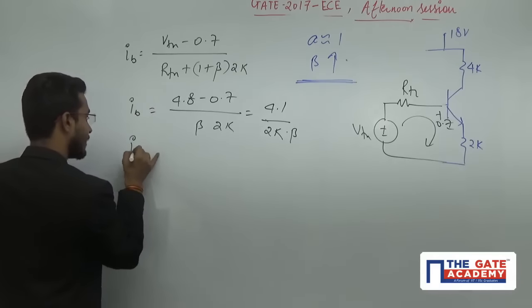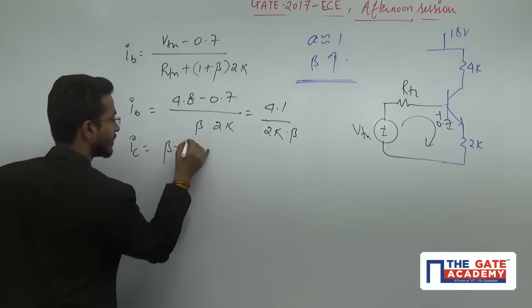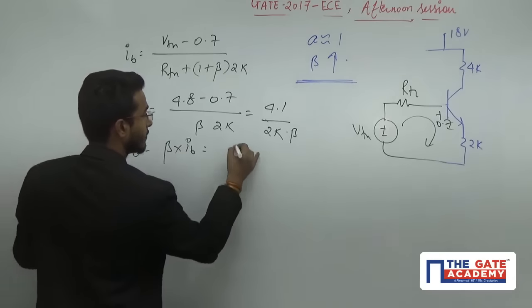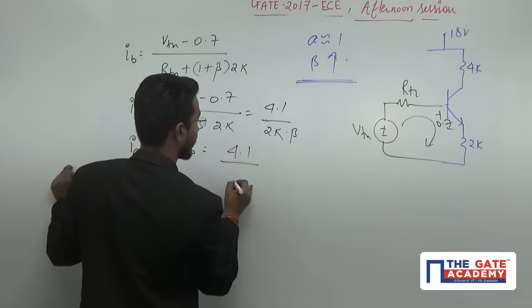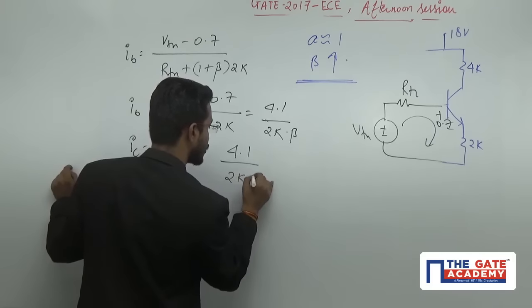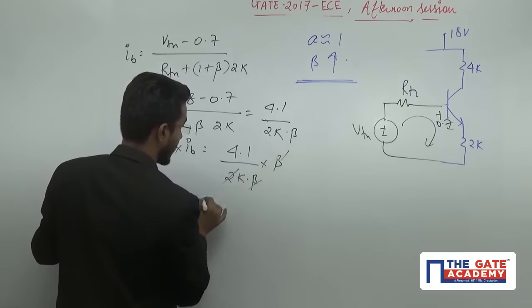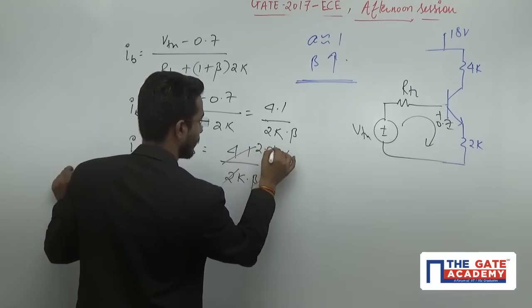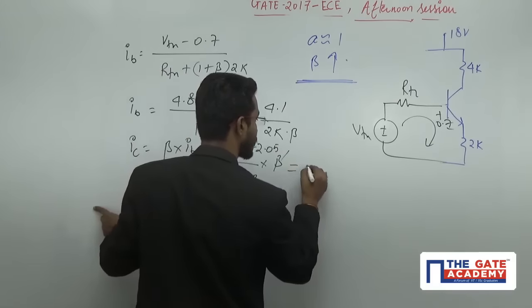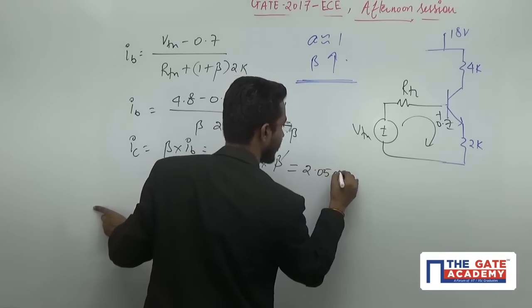Now IC is beta into IB, that means 4.1 divided by 2K into beta. Beta will cancel out, and you will get 2.05, that means 2.05 milliampere.